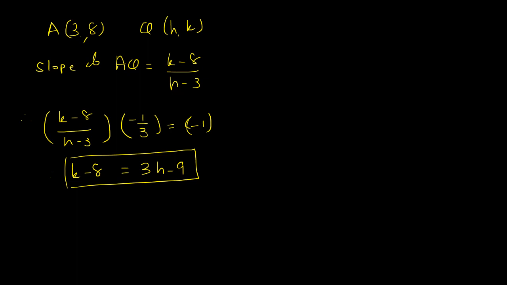So once I was having a result on the previous slide, and that was h is equal to 7 minus 3k, right? And now I have the result k minus 8 is equal to 3h minus 9. So using the value of h over here, k minus 8 is equal to 3 times value of h, that is 7 minus 3k, minus 9.